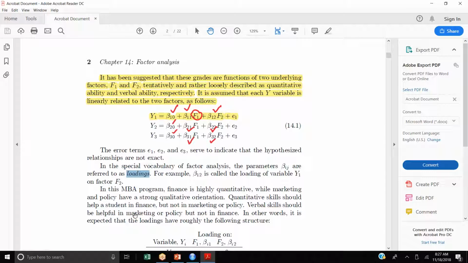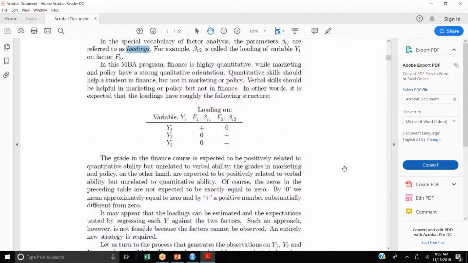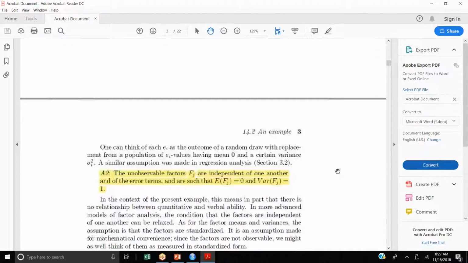Why do we unnecessarily introduce a new word, right? I'm a kind of person who wants to achieve maximum information with minimum words. But anyway, historically people have used the word loadings, which is basically the weights for these factors. All right.